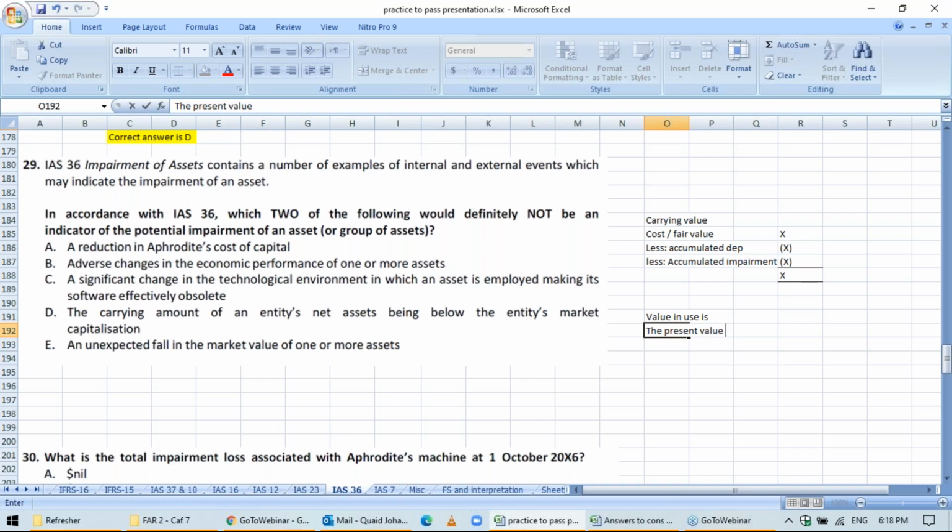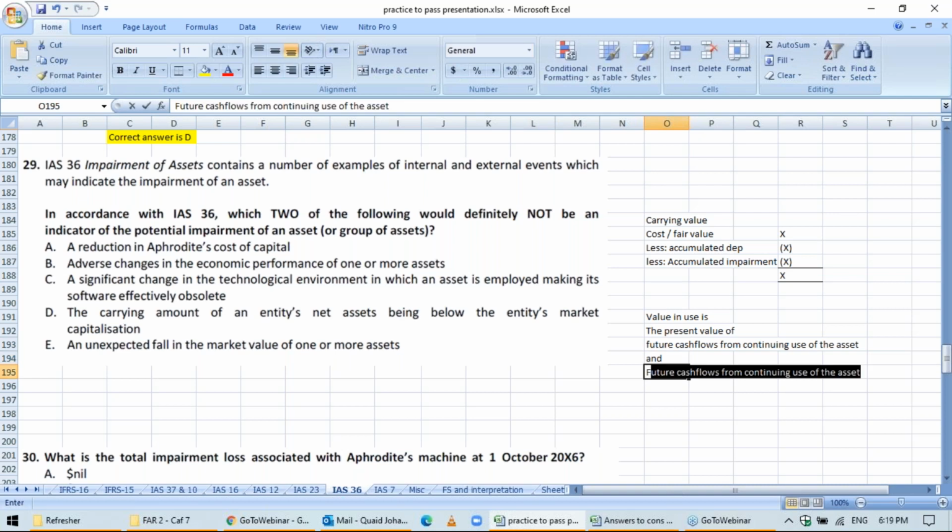The present value of future cash flows from continuing use of the asset, right? And from sale of the asset, the sale of the residual value at the end of useful life.